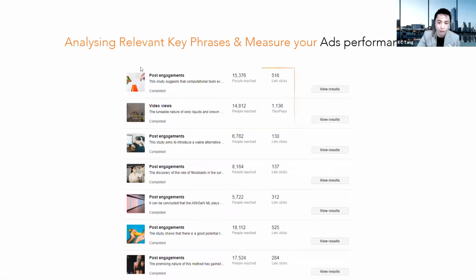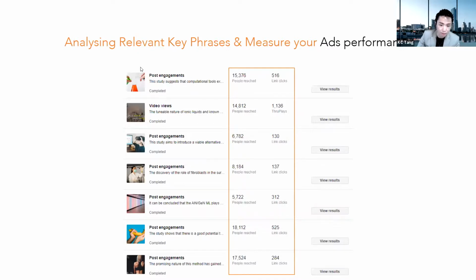Like this example here, you can see every post shares the exact same budget. So let's say, for example, 50 ringgit or 30 ringgit or 100 ringgit, but it's consistently the same for every post. But the amount of reach, engagements, and link clicks can vary quite a lot. You can see some are like 8,000 reach, but only 137 clicks.